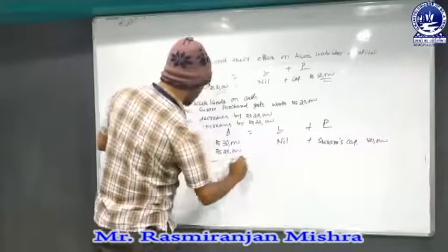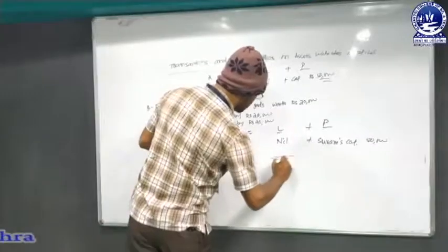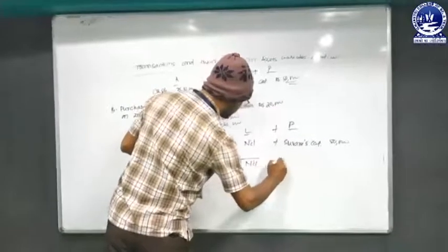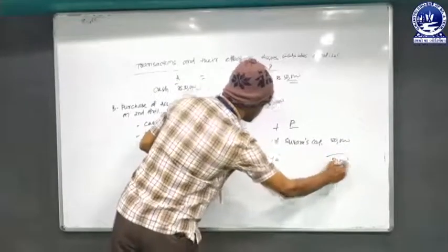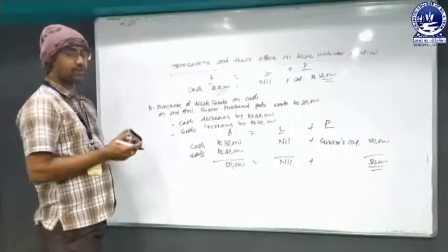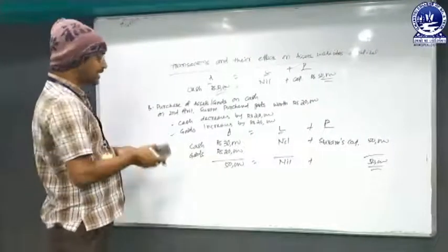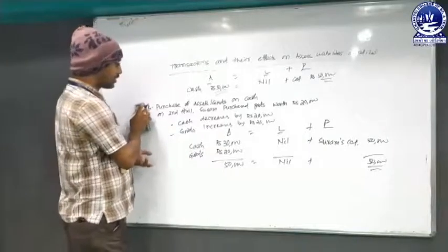So the total amount of asset is equal to 50,000, that is equal to nil plus capital, that is 50,000. So the left side is equal to the right side. This is called the accounting equation. Then we will discuss another transaction by taking into consideration this transaction and its effect.